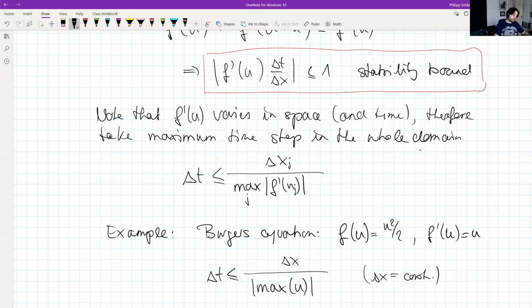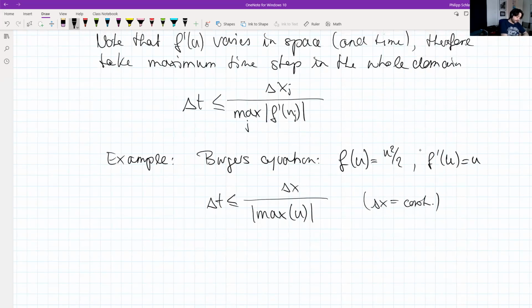And if you now compare to the CFL condition, if you remember, what I said there was that a sloppy interpretation of the CFL condition is that the information may not travel more than one grid point. Well, that's what you see here, even in the nonlinear case. I have the grid spacing, delta x, and I have the maximum velocity.